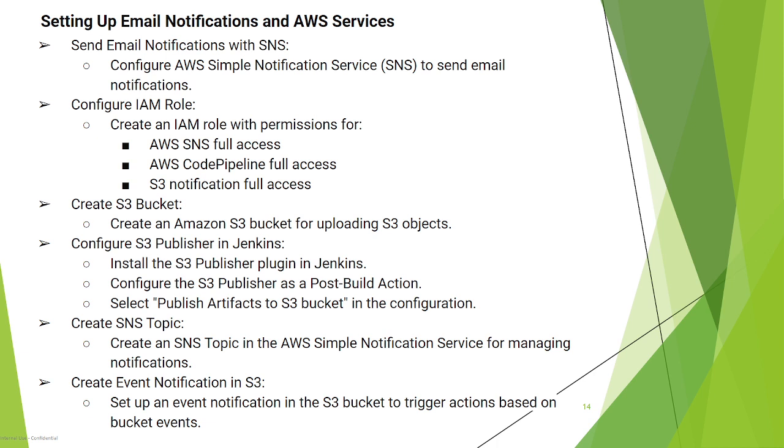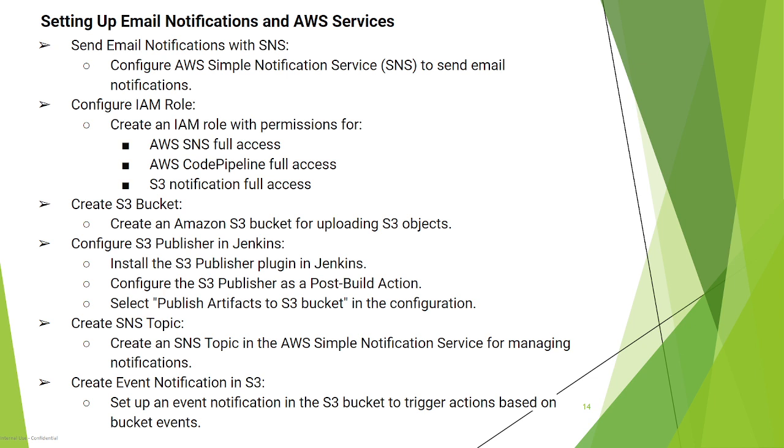So make sure you give proper IAM roles, and then obviously you need to have an S3 bucket created to make sure your data gets uploaded into the S3 bucket, and you need to configure the S3 publisher in Jenkins. Before going to post build actions, you need to install the S3 publisher plugin in Jenkins, and configure the S3 publisher as a post build action and select publish artifacts to S3 bucket in the configuration.